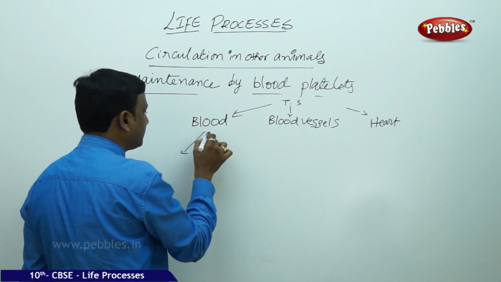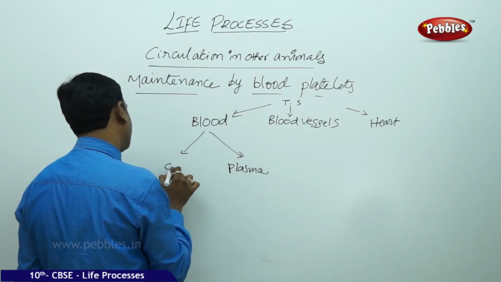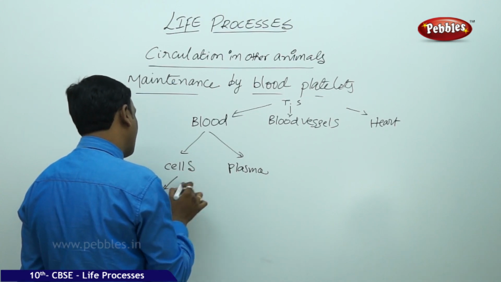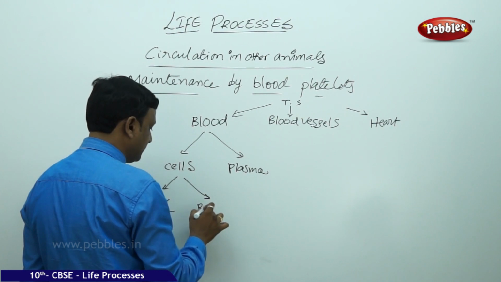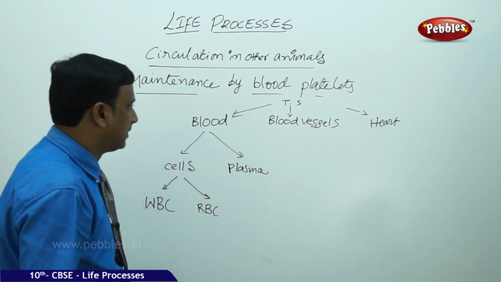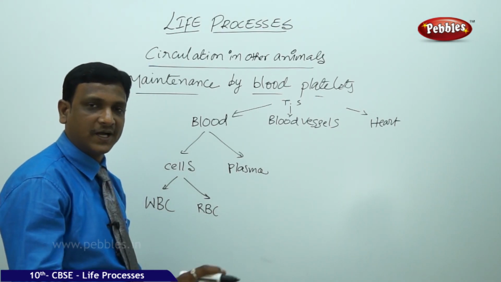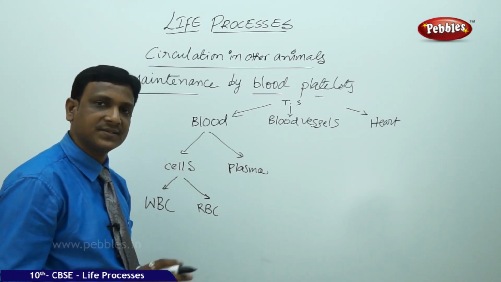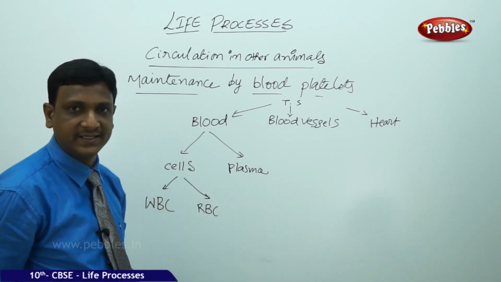Among these, the blood consists of plasma and cells, and among these cells we discussed WBC and RBC. We discussed the different things involved in its functioning, its major role: supply of materials, collection of materials, that is distribution, circulation of materials.